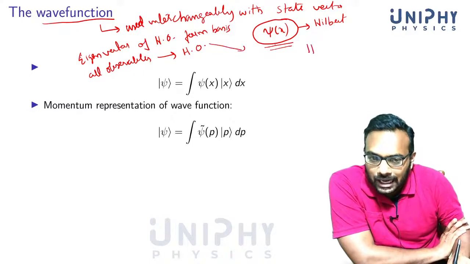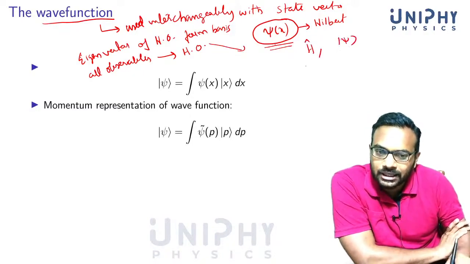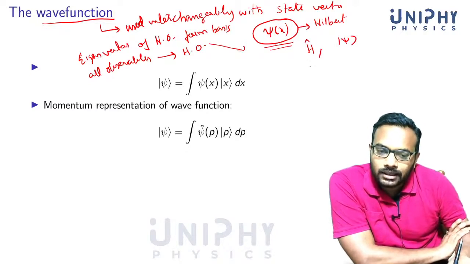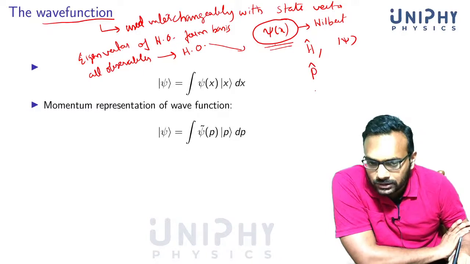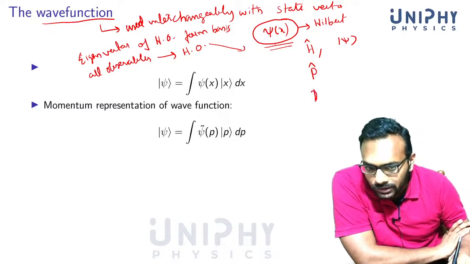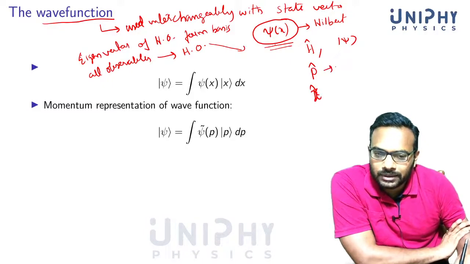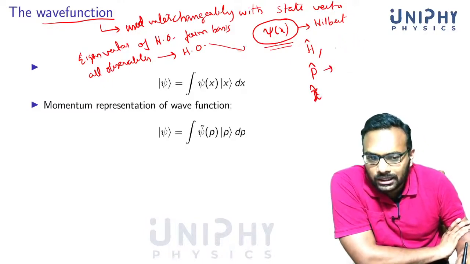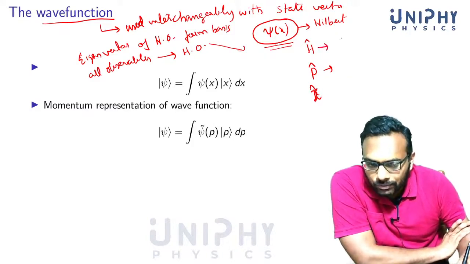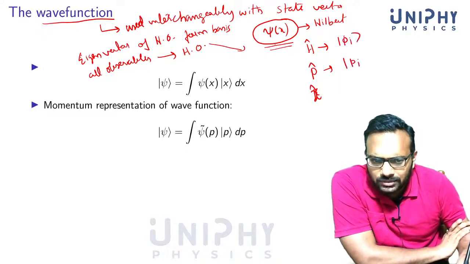You can choose the eigenvectors of the Hamiltonian to express the state, or the eigenvectors of the momentum operator, or the eigenvectors of the position operator, which we call x cap. We'll represent the eigenvectors of the momentum operator and of the Hamiltonian operator in this way.